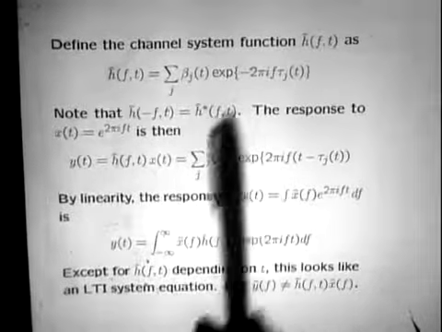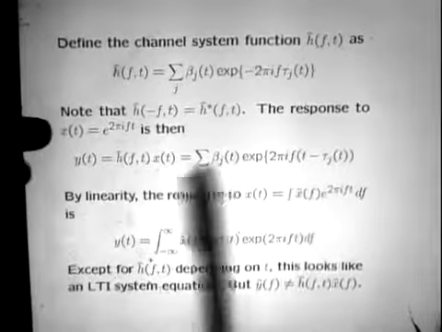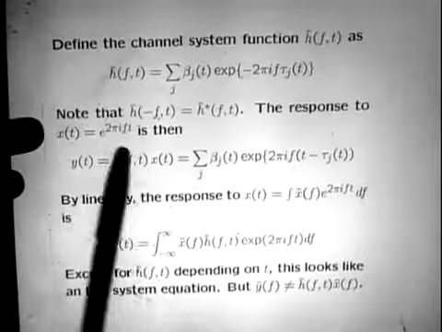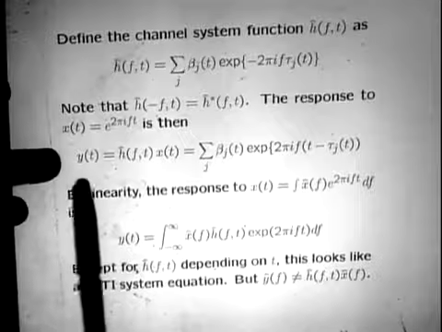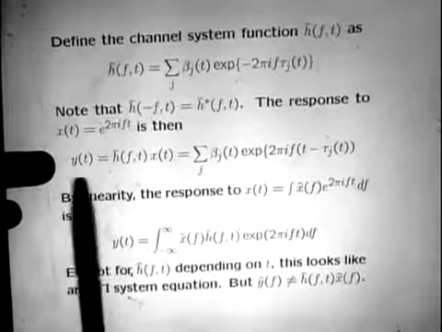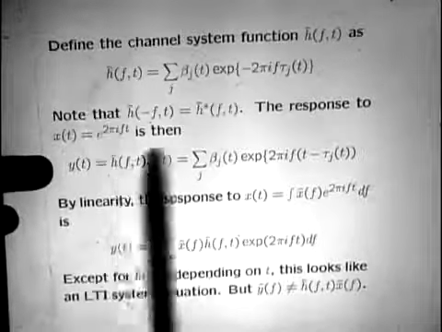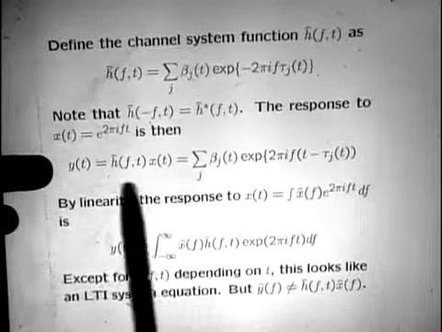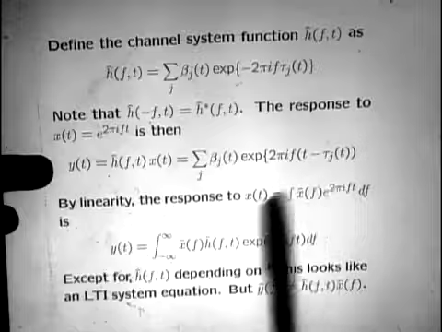Okay, the reason that we're doing this is that if we put in an input e to the 2 pi i f t, then what we get is the system function here times x of t, which is e to the 2 pi i f t. So we get this quantity here.